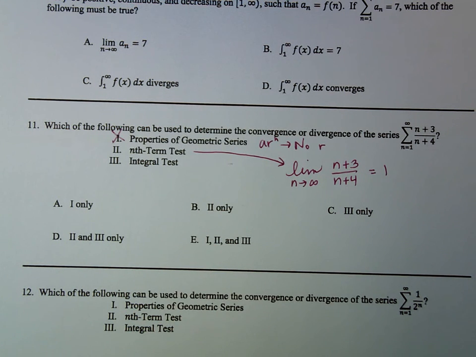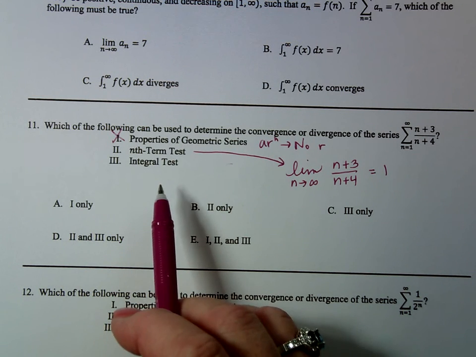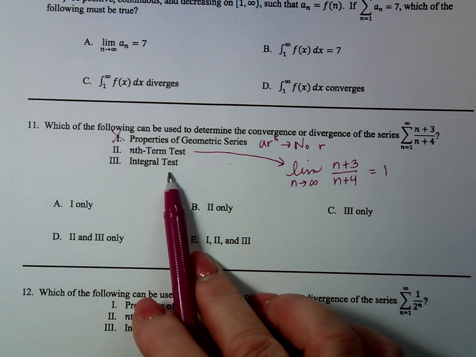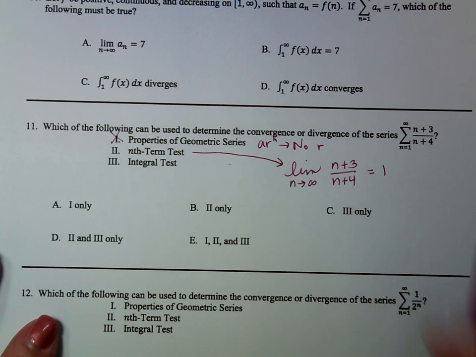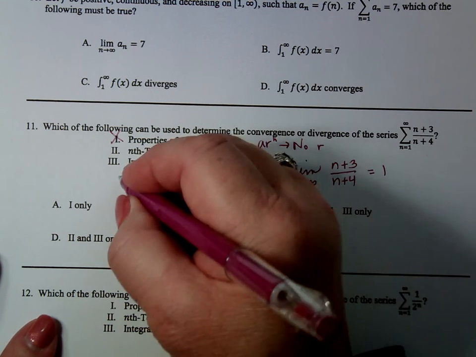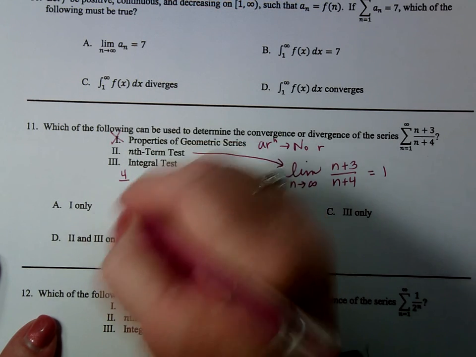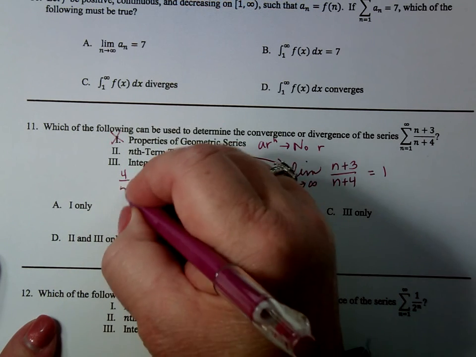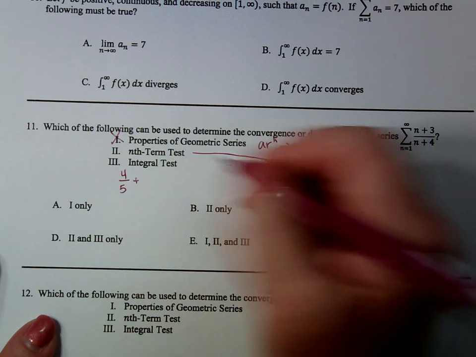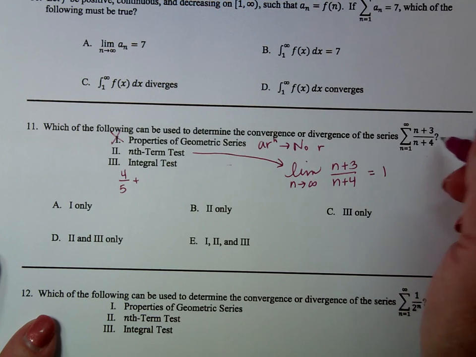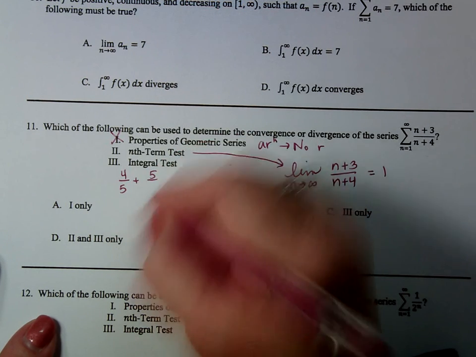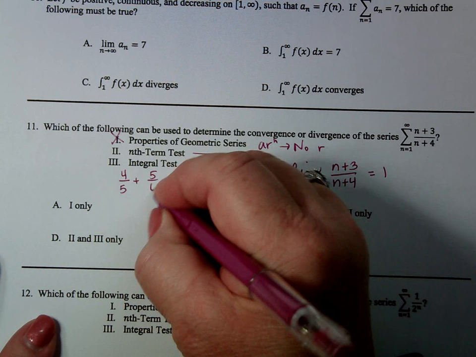For the integral test, does the integral test apply to this? Let's try the first few terms and see if it's positive, decreasing, and continuous. So if I have n plus 3 and I start at 1, 1 plus 3 is 4, 1 plus 4 is 5. Cool. If I do the next term, it's going to be 2. Now it's 5 over 6.